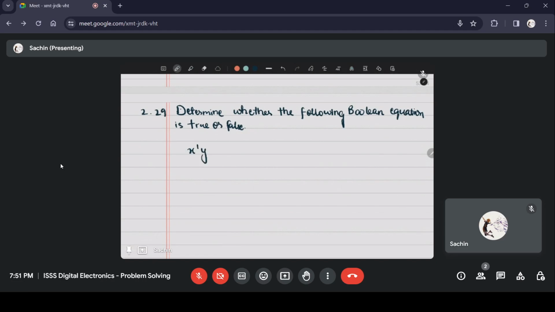X prime y prime plus x prime z plus x prime z prime is equal to x prime z prime plus y prime z prime plus x prime z.